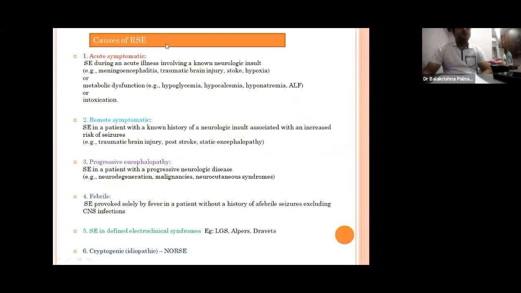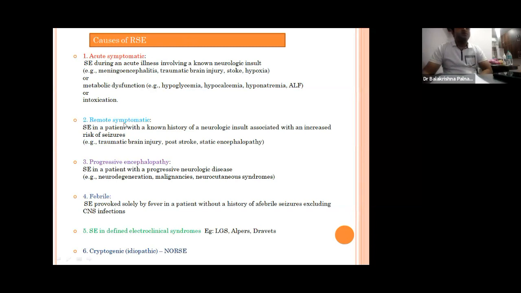Just to simplify, what are the causes of refractory status epilepticus? This is divided into acute symptomatic, remote symptomatic, progressive encephalopathy, febrile, or any defined electroclinical syndromes, or cryptogenic. Acute symptomatic, definitely yes in this particular child, during an acute illness involving a neurological insult, it can be meningoencephalitis or any metabolic dysfunction such as hypoglycemia or hyponatremia or even ADEM.